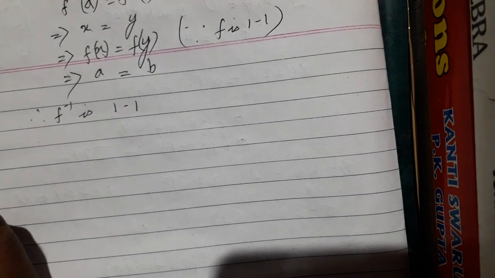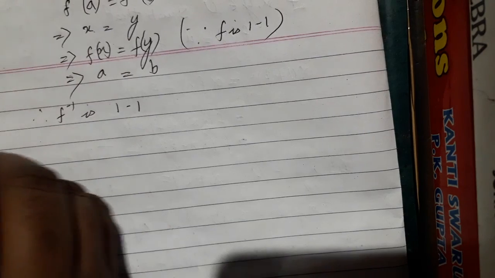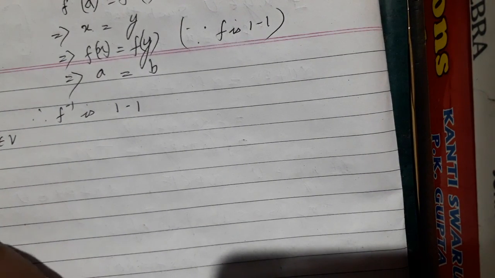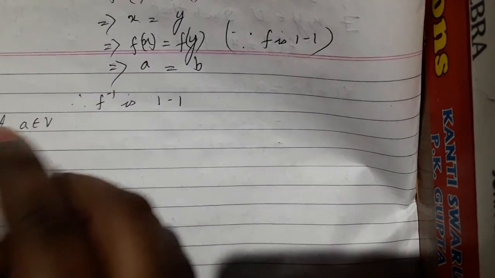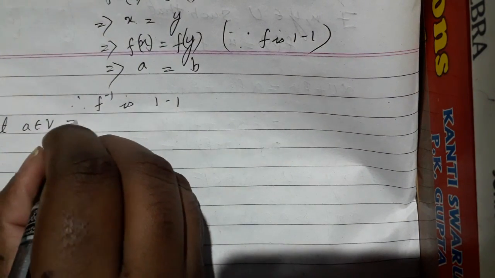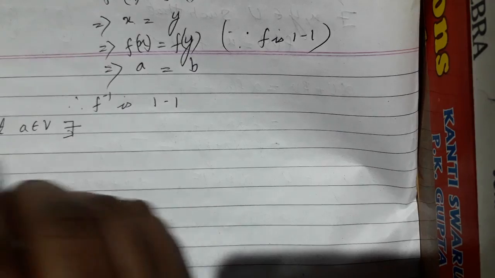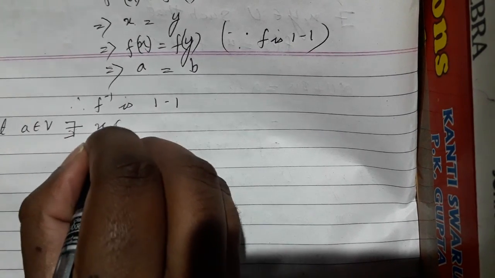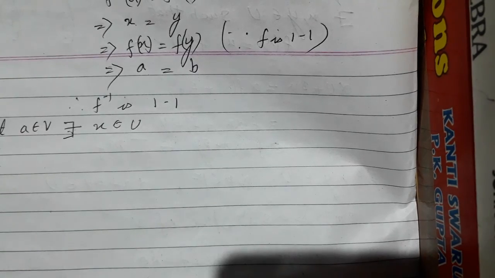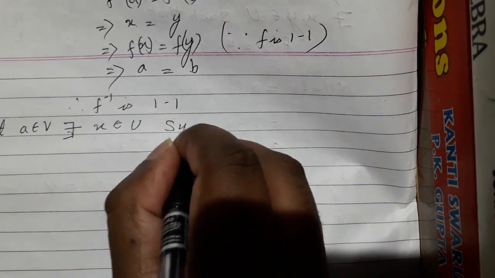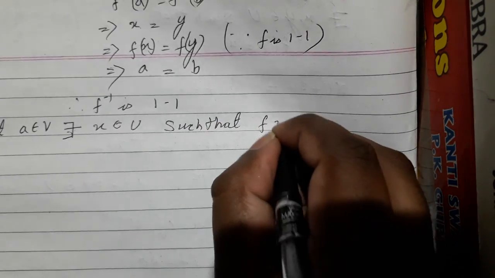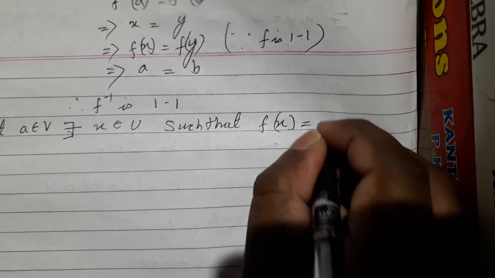Now we want to show it is onto. If I take any element in V, then since f is onto, I'm using the condition here, there exists x belongs to U such that f of x is a.